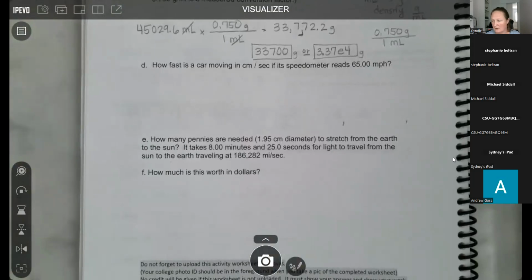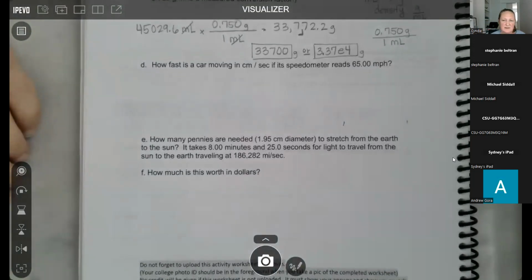So let's go ahead and do D. D is kind of tricky too, right? How fast is a car moving in centimeters per second if the speedometer reads 65.00 miles per hour? So this one is really all about modifying the units, right?